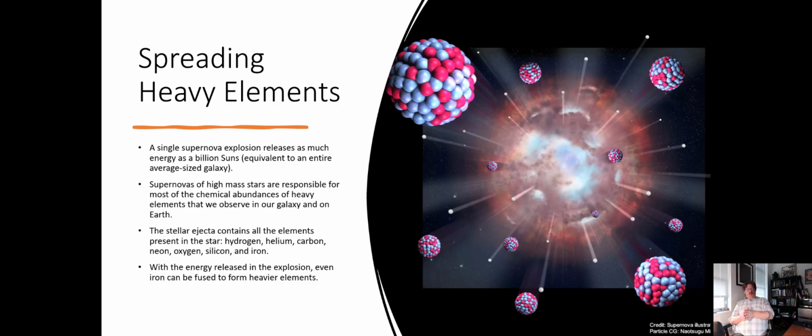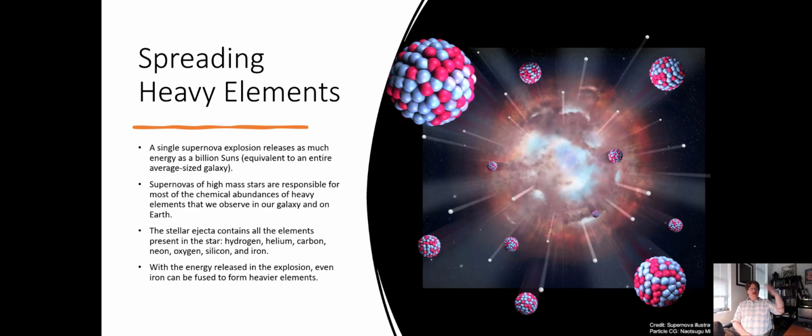This is how, ultimately, these 2 processes, or really 3 processes, are why we exist. I like to say that we are all stardust. And the reason for that is true if you think of stardust as heavier elements. When the universe was created, it had hydrogen and helium and a little bit of lithium.